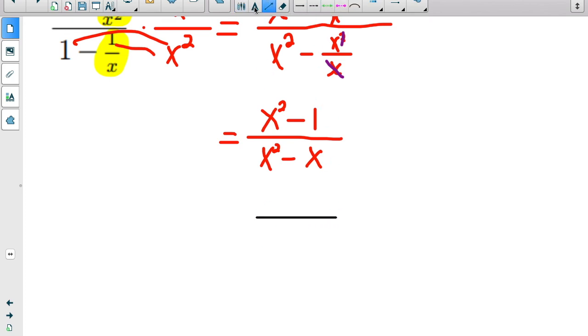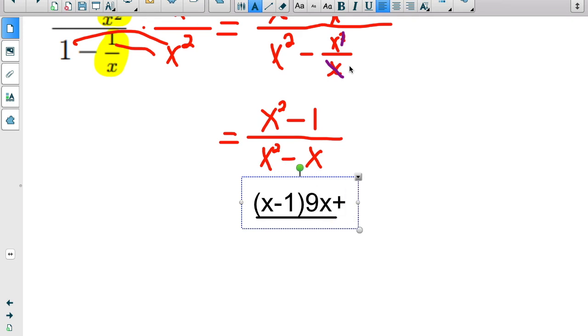Now we need to do some factoring to simplify down. Well, hey, x squared minus 1 is a difference of perfect squares. So if we simplify this here, it would give us x minus 1 times x plus 1.